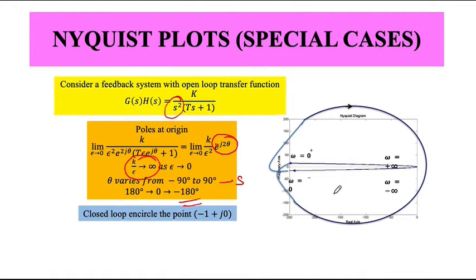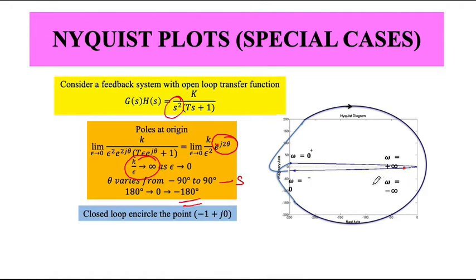So what about stability? This is how the Nyquist plot looks, so you can infer stability of the closed loop system. Again we look at the number of encirclements. What I am interested in is the point minus 1 plus j0, somewhere here.